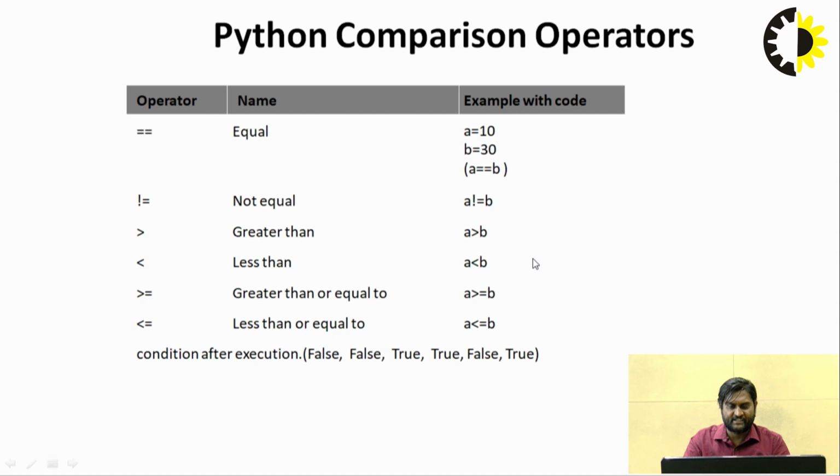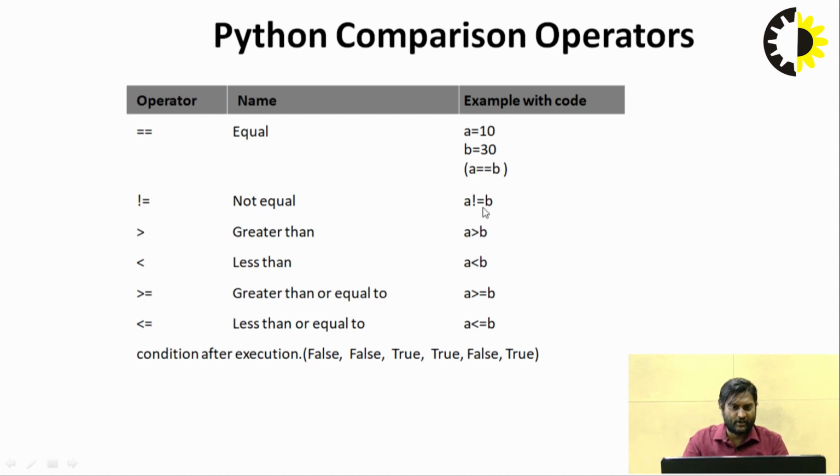In the comparison operators, we observe equal to. A is assigned a value of 10, B assigned a value of 30. We check equal. If the condition is not equal, it gives the result false. Otherwise it gives true.